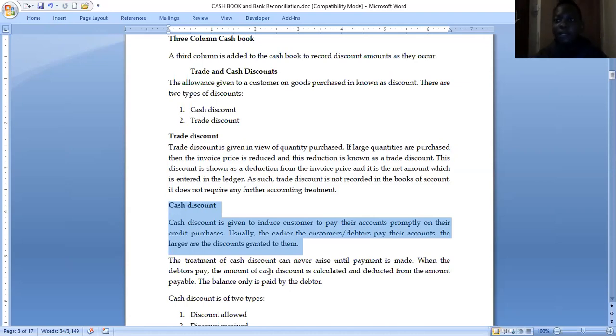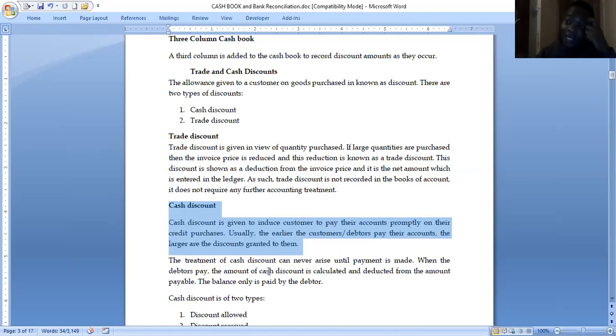So what will happen is that initially when you bought these goods on credit, you debited your purchases and credited the creditor's account by 20 shillings on both accounts. So in your mind, you know that the amount due from you to the supplier is 20 shillings.